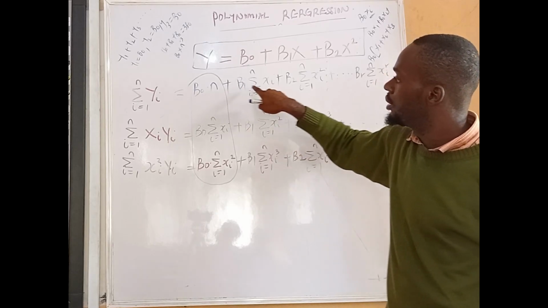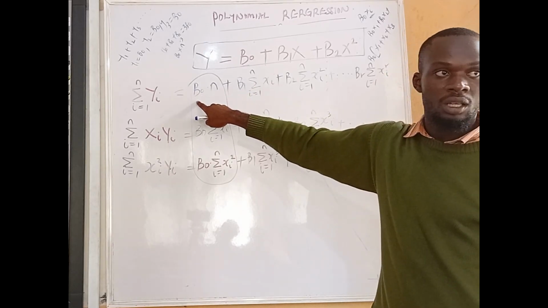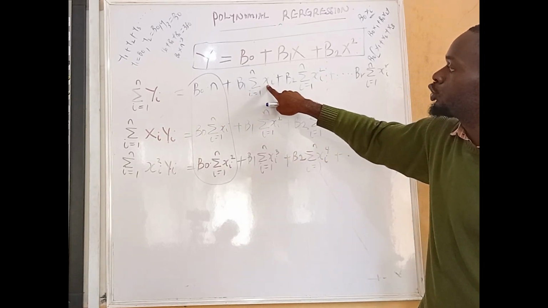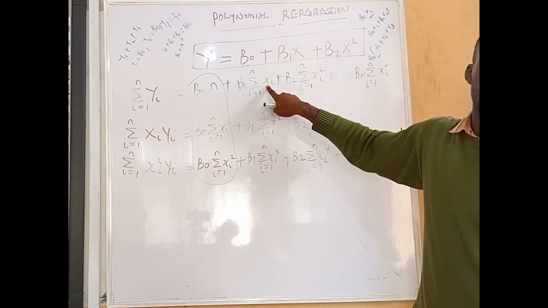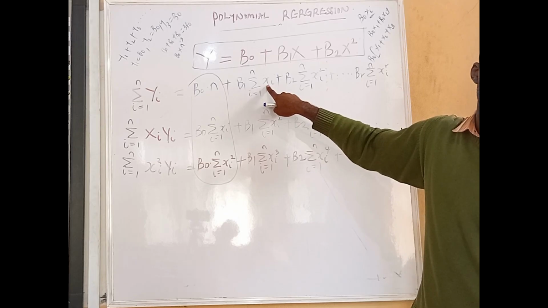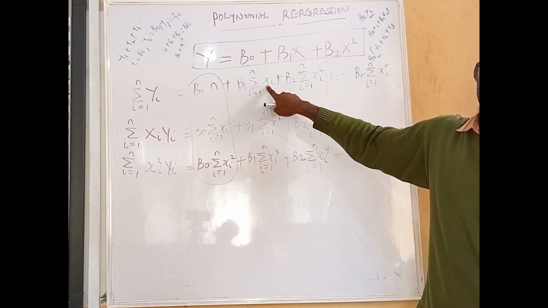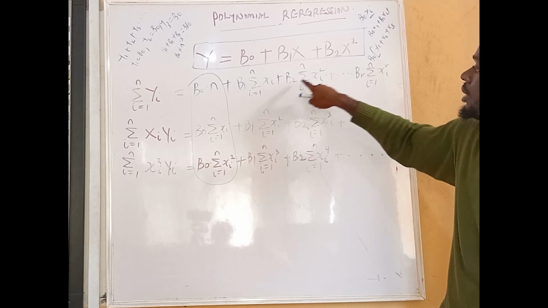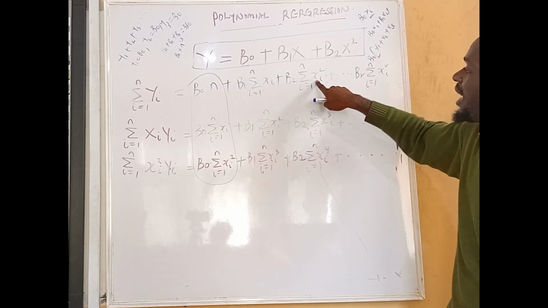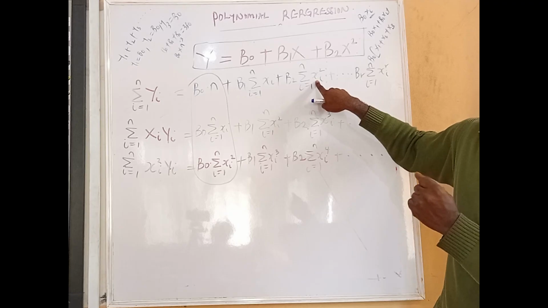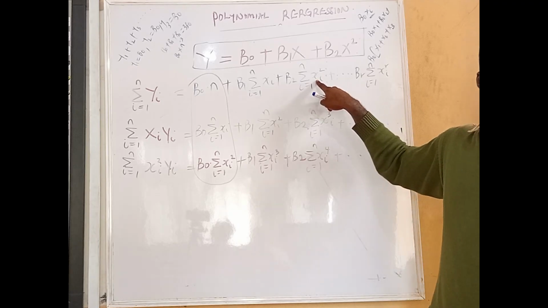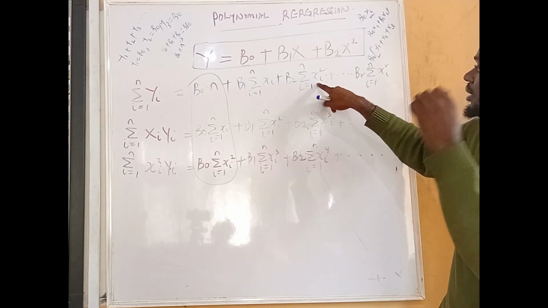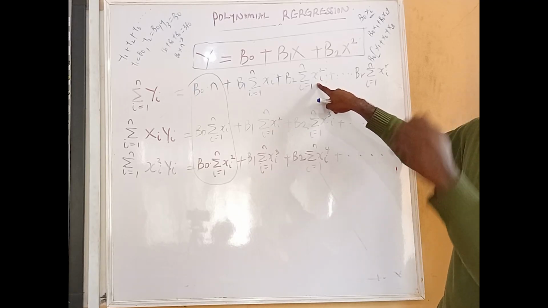B naught is unknown. B1 is unknown. Sum s means that we should sum all the values of s. Don't you understand? This one now, b2 is unknown. This one says you should square each value of s, then sum everything. We have different values of s. Now we should square them and sum it.